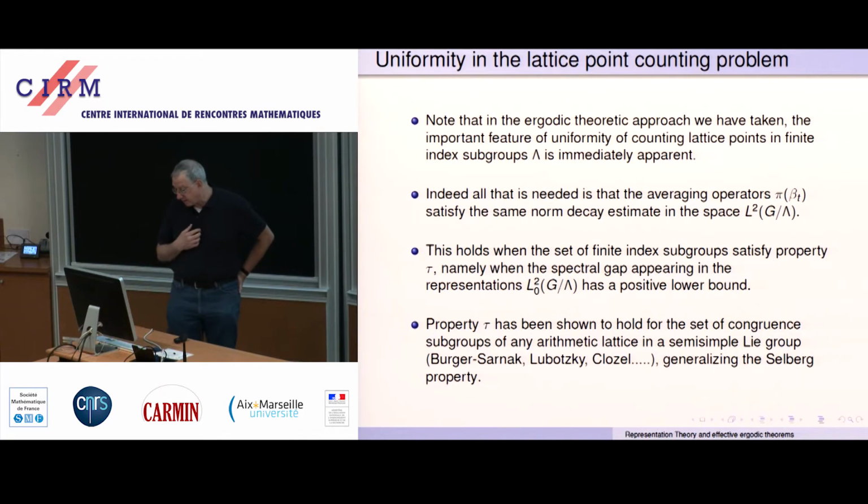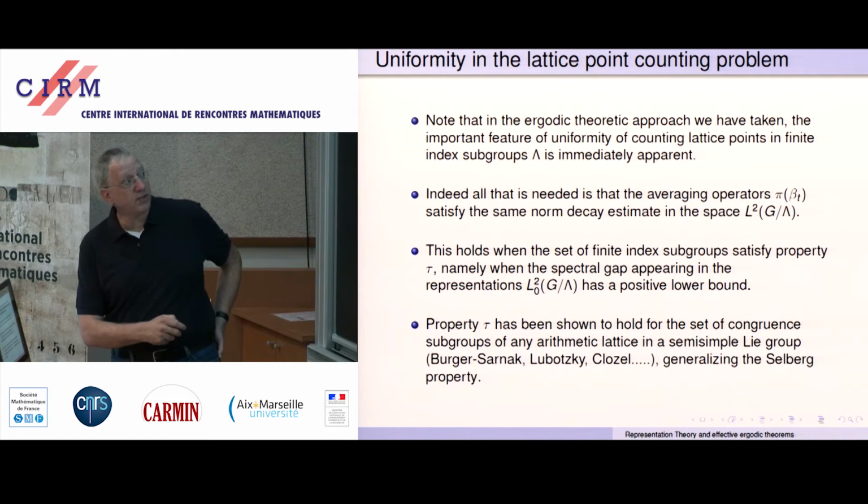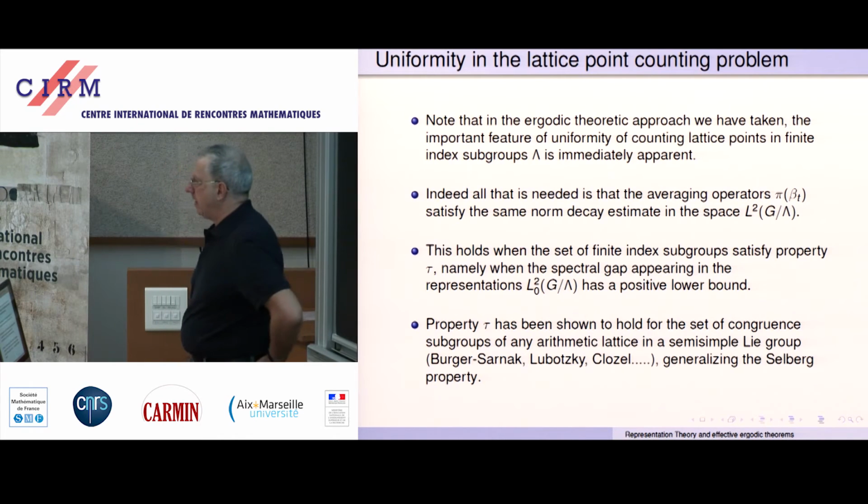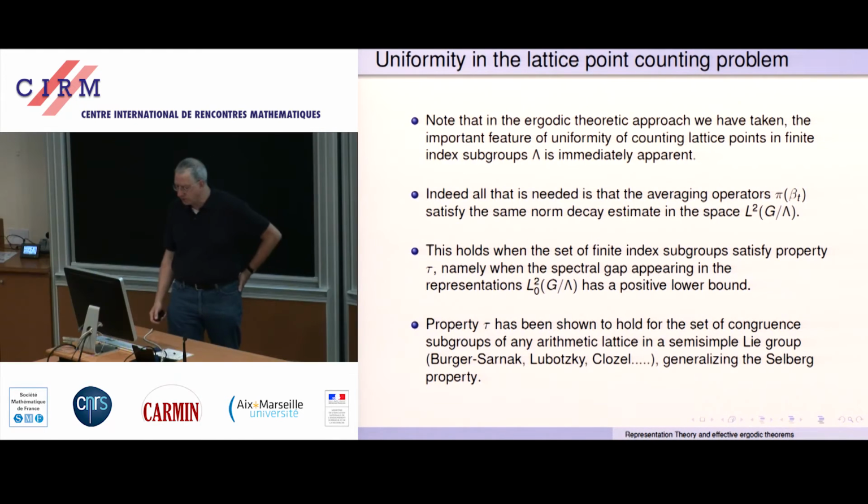The word Selberg, of course, appears here, but actually Selberg is, I think, the first to establish an instance of property tau in the case of congruence subgroups of SL2Z, and since then it's been a very long story, but it's been established in complete generality.